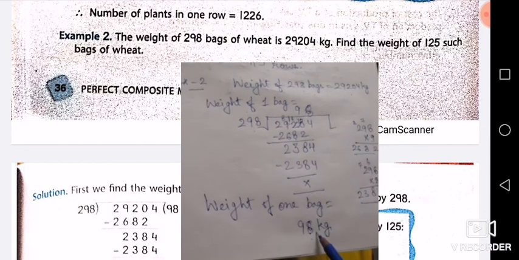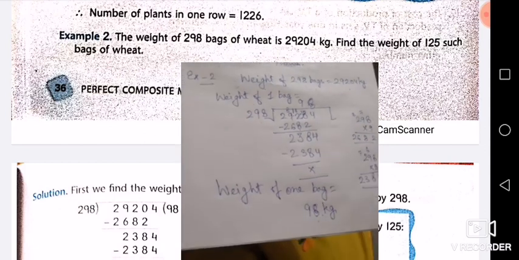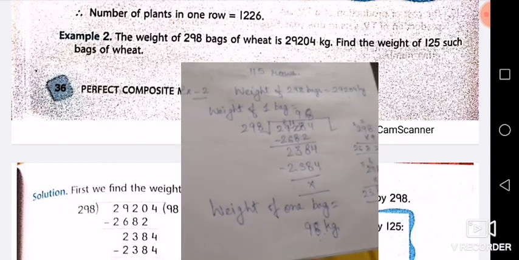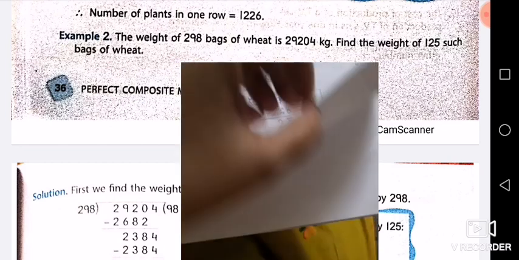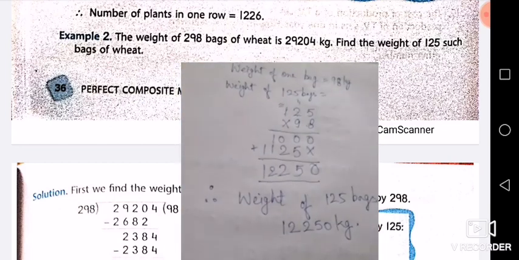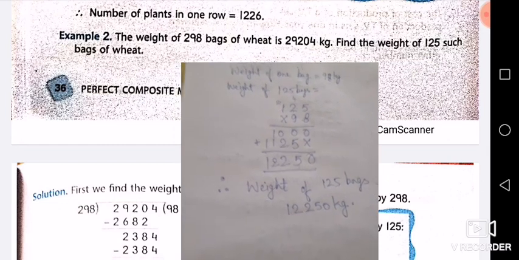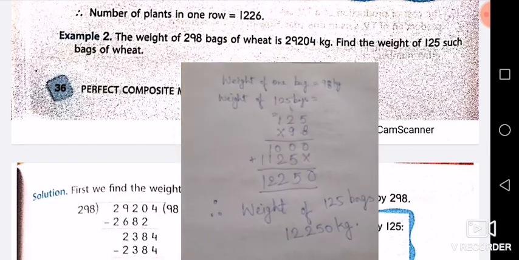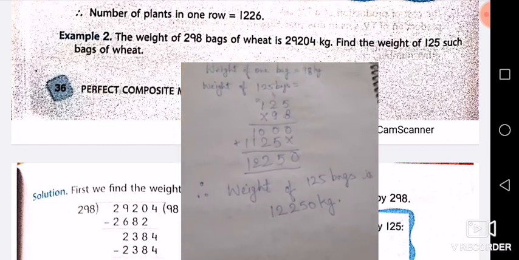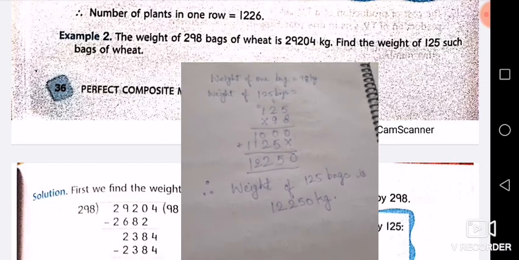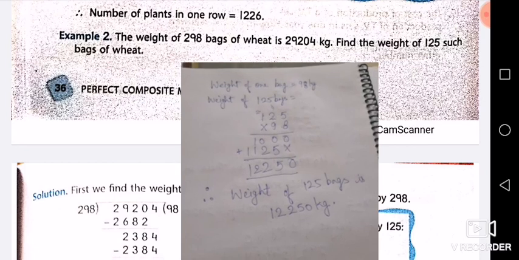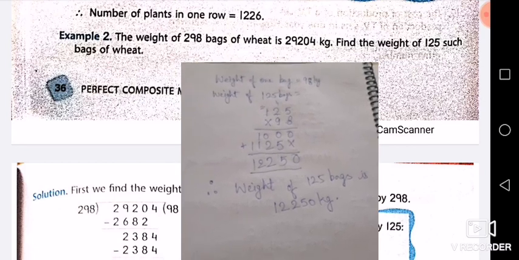After getting this answer of 98 kg, now what we have done? We have multiplied that 98 kg by 125 to get the weight of 125 bags. So at last we have got, therefore weight of 125 bags is 12,250 kg. Okay.